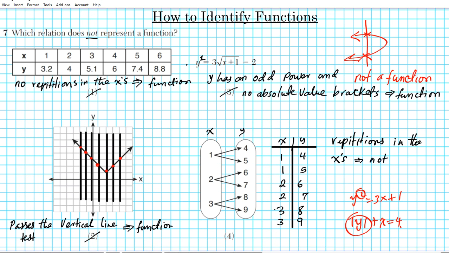A function assigns every input to exactly one output. You cannot have one input being assigned to more than one output. Okay, so one input, one output. So this is not a function, and ladies and gentlemen, the answer for question number 7 is the relation that is not a function.